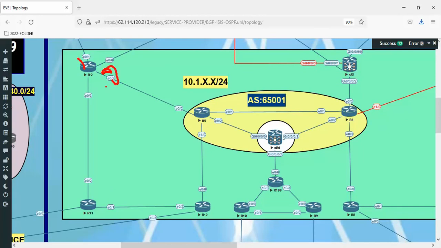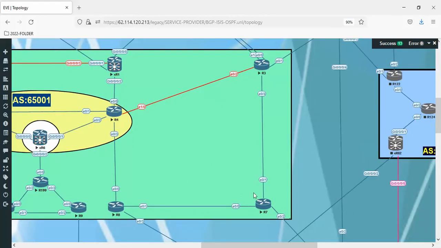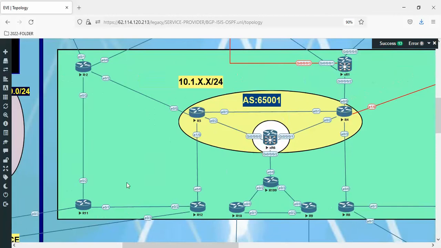Maybe it chooses this link or this link, whichever is closer to router 7's loopback. But the problem now is that router 7 doesn't know how to reach back this link, because it is already suppressed. It was removed from the routing table and from the OSPF database, right?